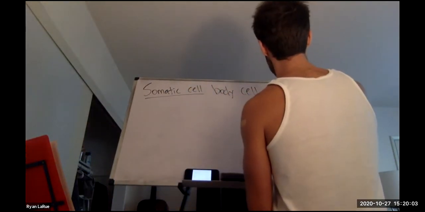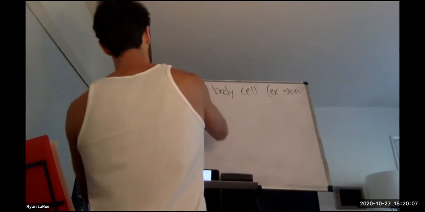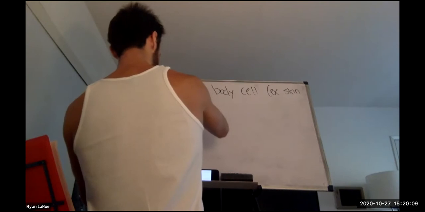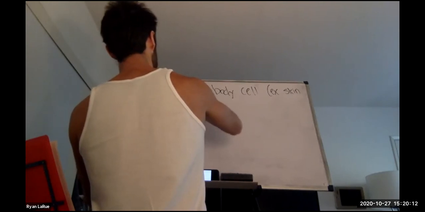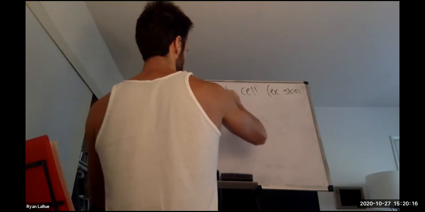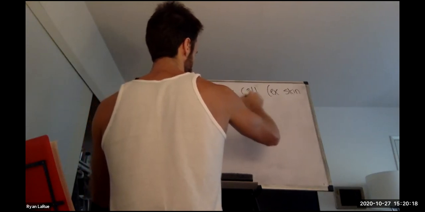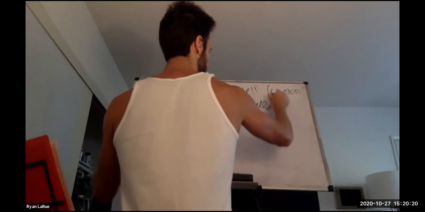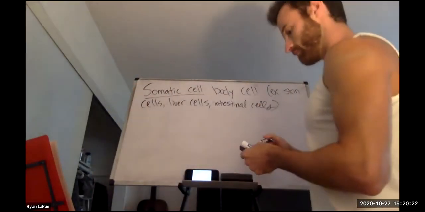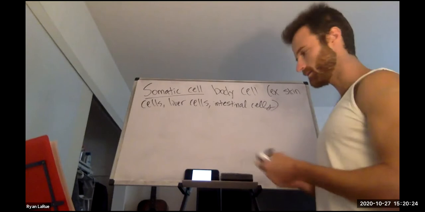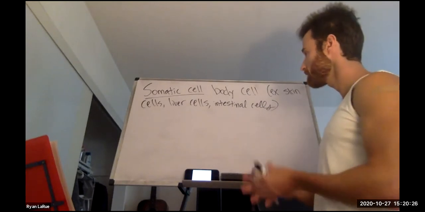So examples include our skin cells, liver cells, intestinal cells, etc., brain cells, you name it. These are our somatic cells, body cells.